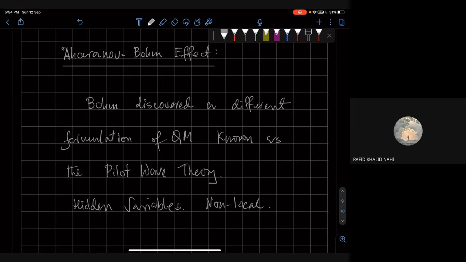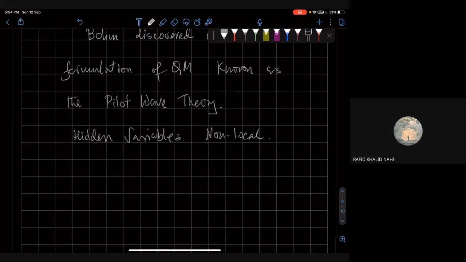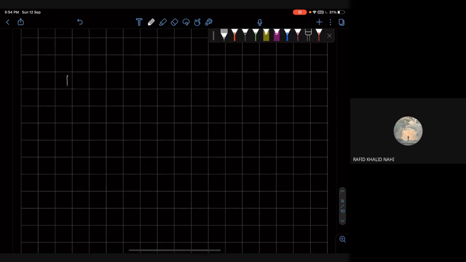We are here to discuss the Aharonov-Bohm effect. So what is the setup for the Aharonov-Bohm effect? Suppose we consider electrons in a region, say called region A, which is the source region. And there is another region called region B, which is the interference region.